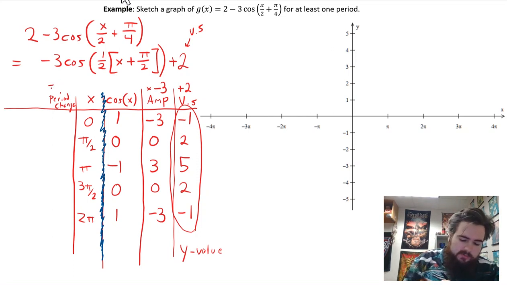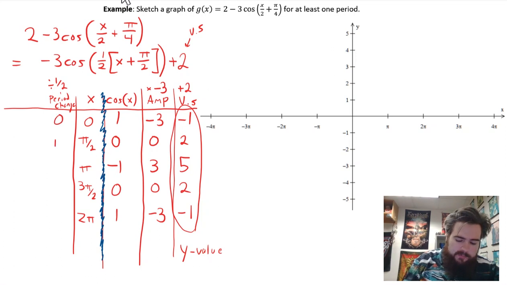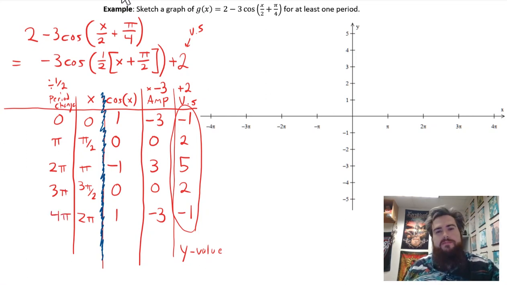So I'm going to divide by 1/2 for each of these values. Dividing by 1/2 is actually the same as multiplying by 2, which means all my x coordinates are now going to be 0. Pi halves divided by 1/2, or pi halves times 2, is pi. Then we get 2 pi, 3 pi, and 4 pi for the remaining values.